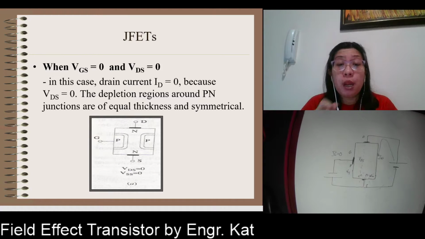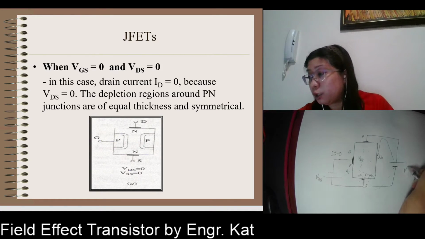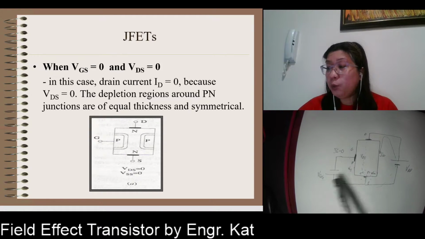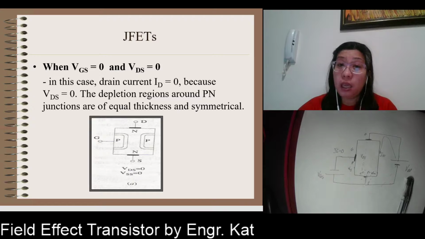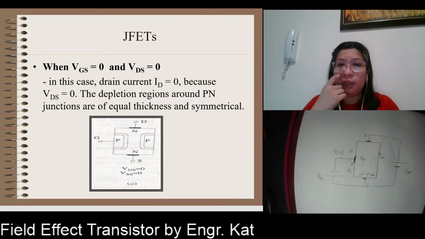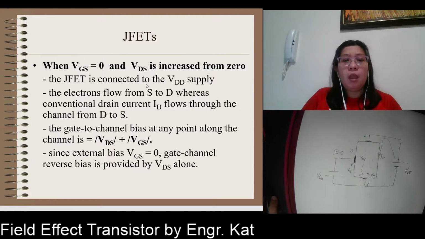Okay, so therefore, when your VGS is equal to 0, that means your VGG, so we call this your VGG and we call this your VDD. Okay, so when we do not have any VGG and VDD here, therefore, we expect that ID is equal to 0. Okay, so the depletion regions around your PN junctions are of equal thickness and they are said to be symmetrical.